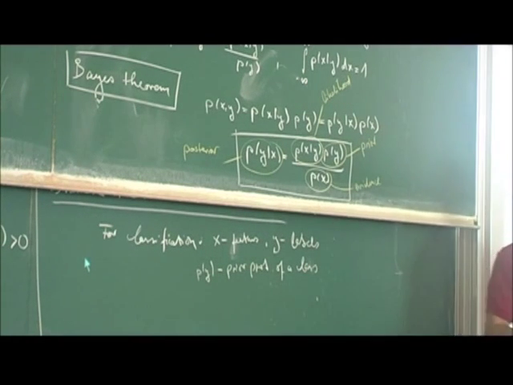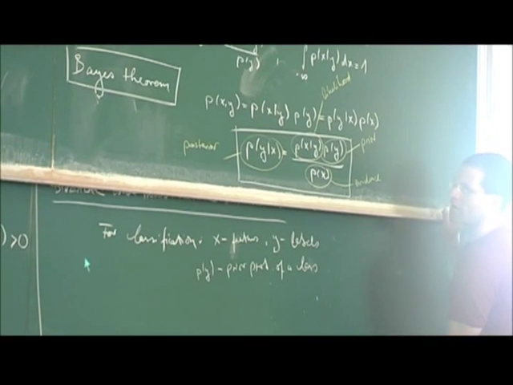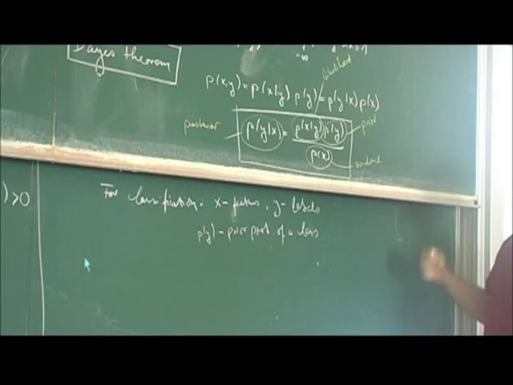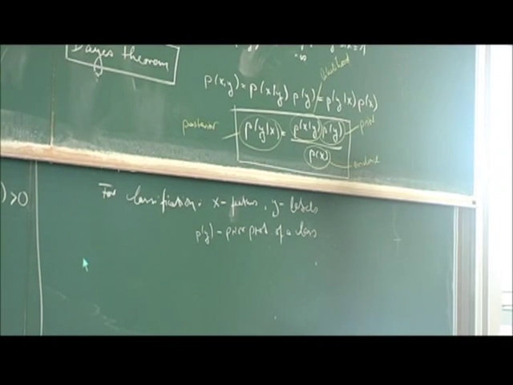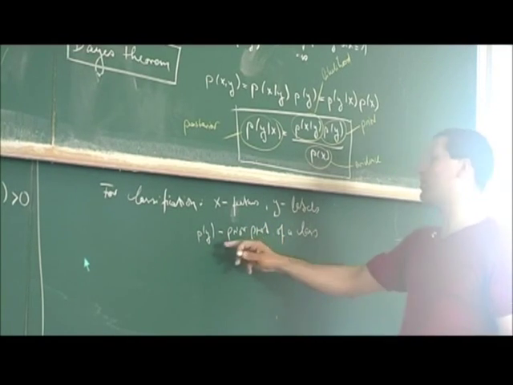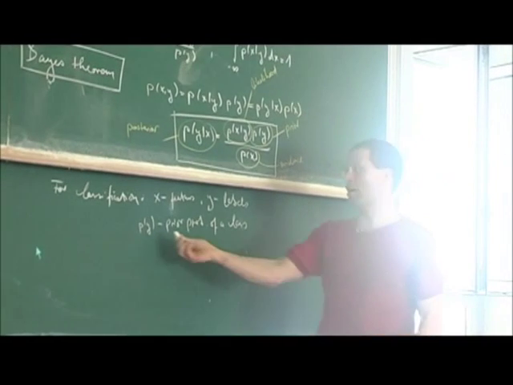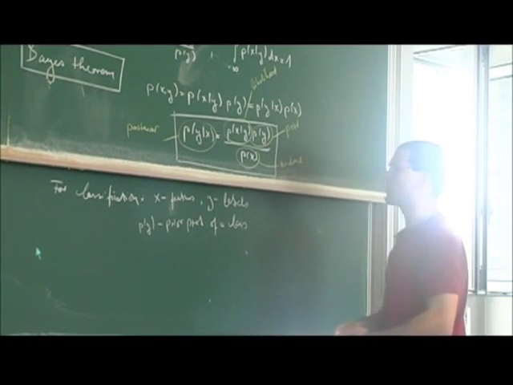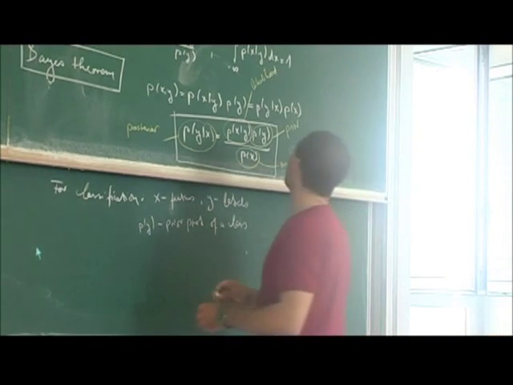Again, in the case of predicting if a patient has a tumor or not, before I have made any measurement on the patient, I know perhaps that 1% of the people who come to see this clinic will have cancer. So in that case, the prior probability of there being a tumor, without even looking at the patient, would be 1%.